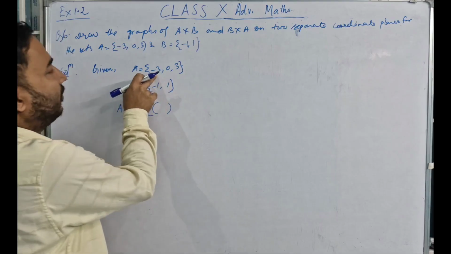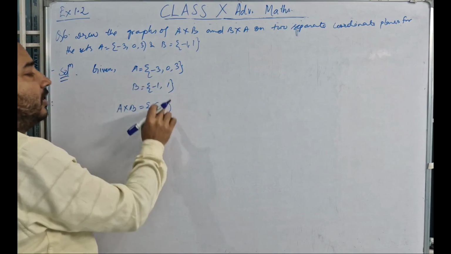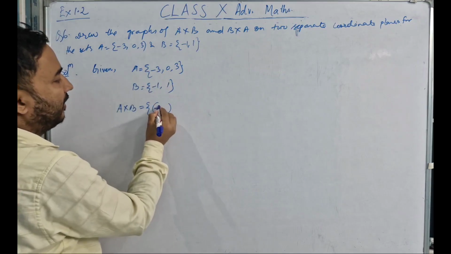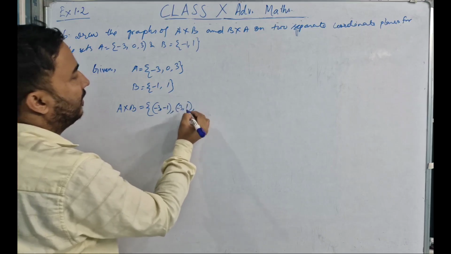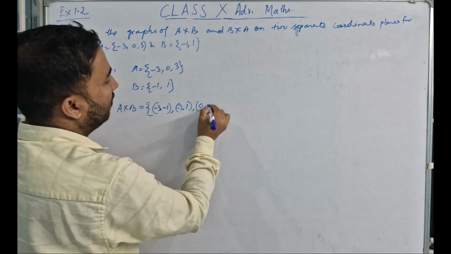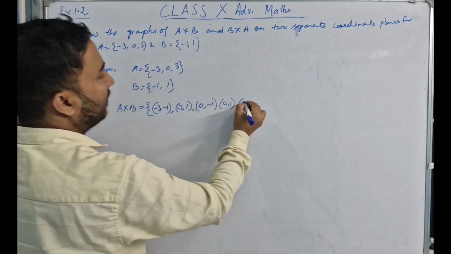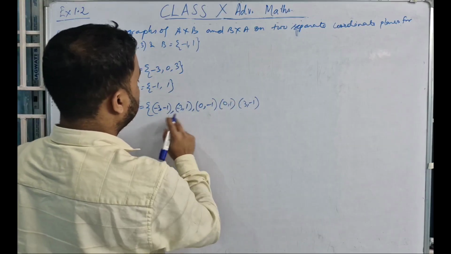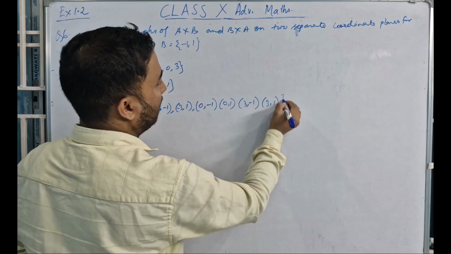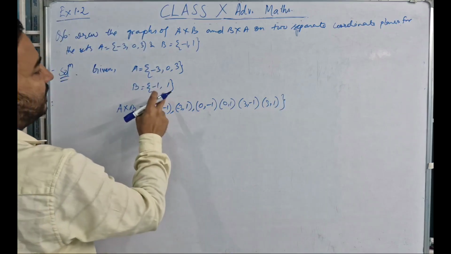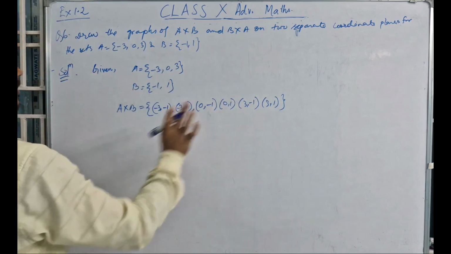For every element of A, all the elements of B will come as an ordered pair. So (minus 3, minus 1), (minus 3, 1), then (0, minus 1), (0, 1), then (3, minus 1), (3, 1). So you should have 6 elements, 1, 2, 3, 4, 5, 6, because 3 into 2, 6 elements we should have.